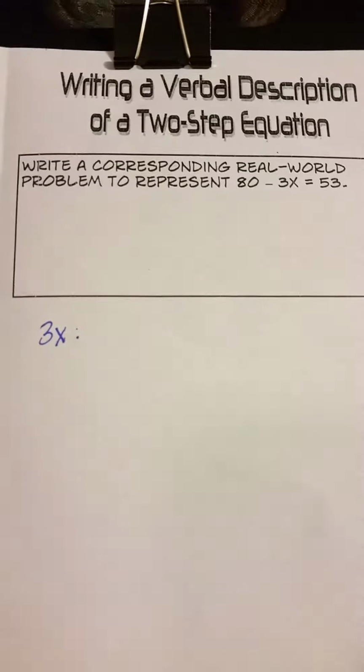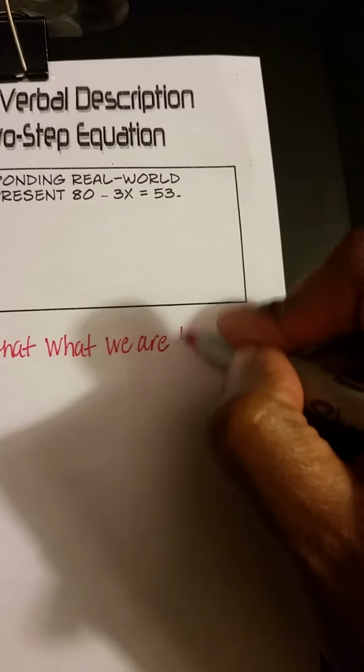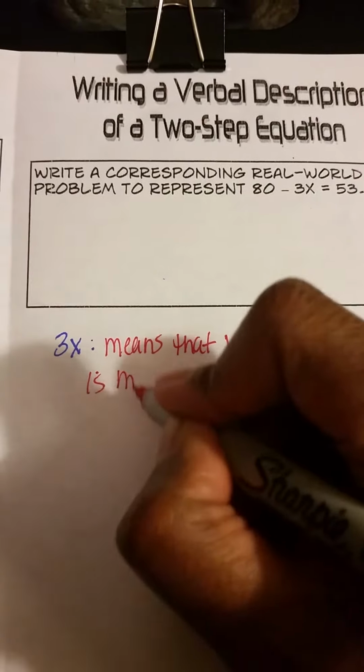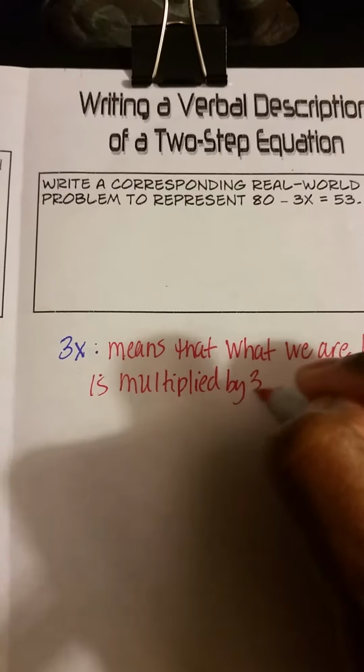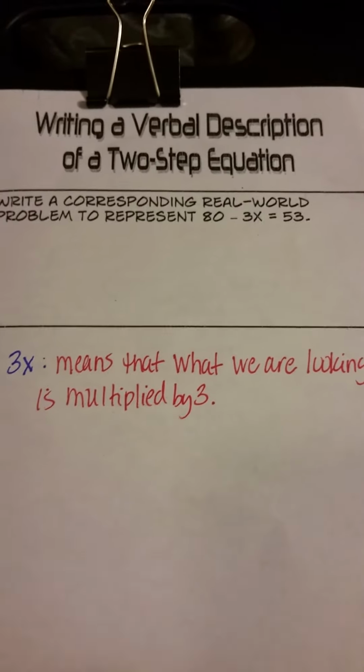So that 3x, we're going to say that means that what we're looking for is multiplied by 3. So whatever we're looking for is multiplied by 3. So keep that in mind.